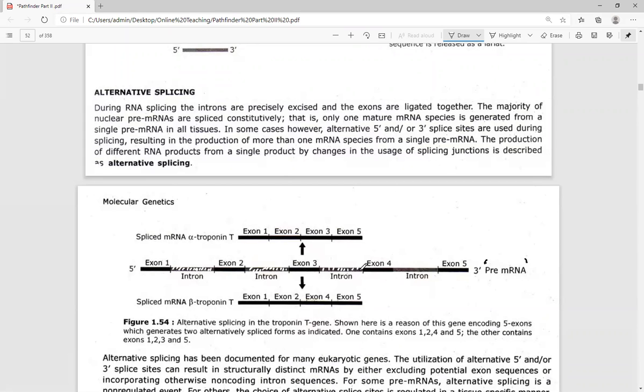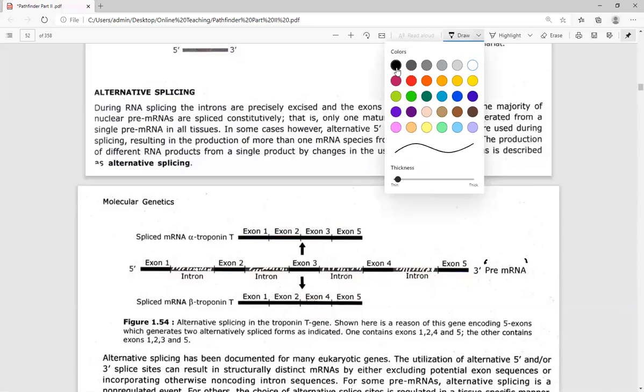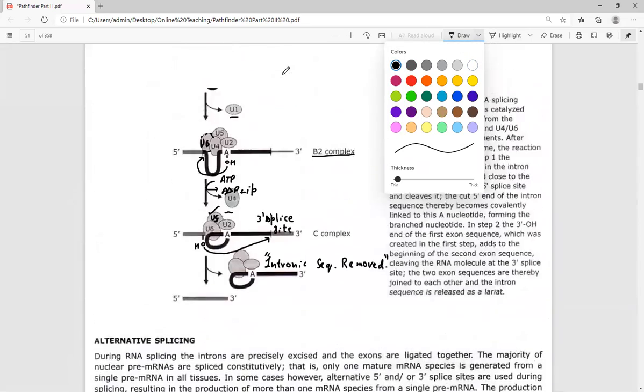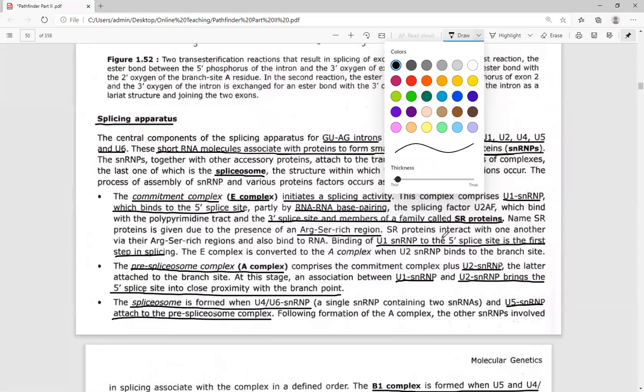This is the intron. Now introns could be processed in more than one manner with the help of proteins called snRNPs. Okay, these are the proteins which are involved, SR proteins.